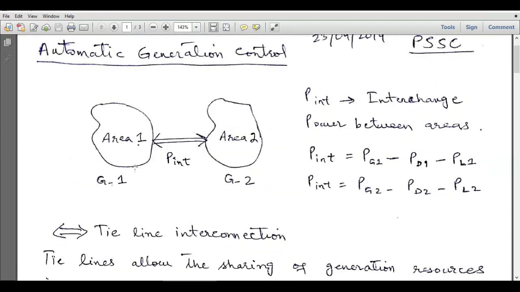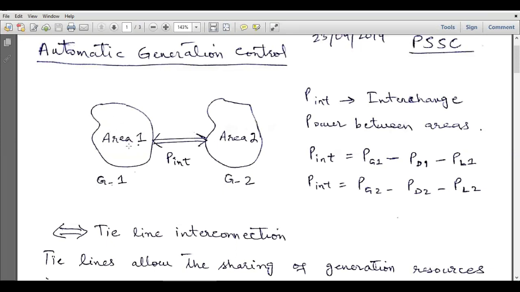So whenever we have an imbalance of power consumption and power generation, the frequency of the system will be disturbed. In that case, we have to maintain the balance between the power generation and power consumption. So that balance can be achieved by either injecting the surplus power to the adjacent area or by extracting the deficient power from the adjacent area to maintain the balance.